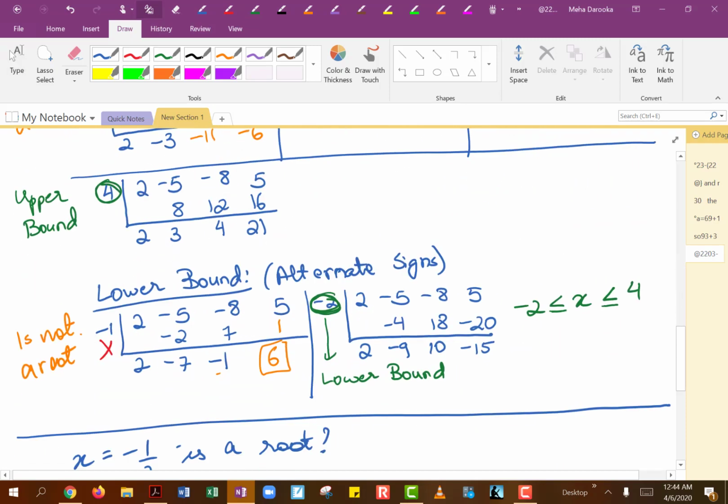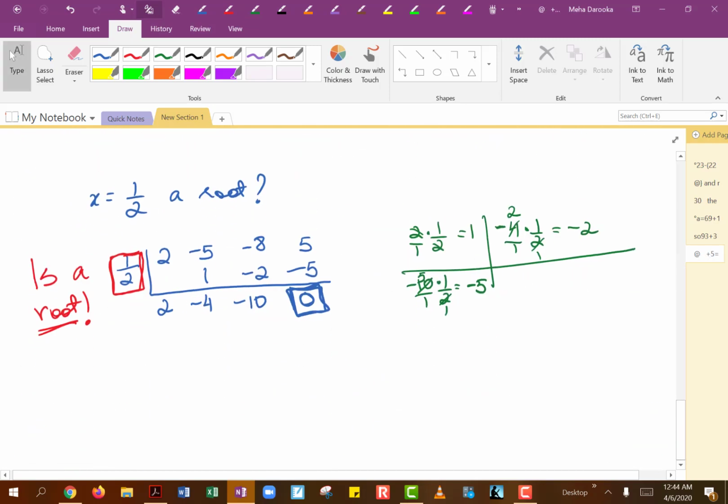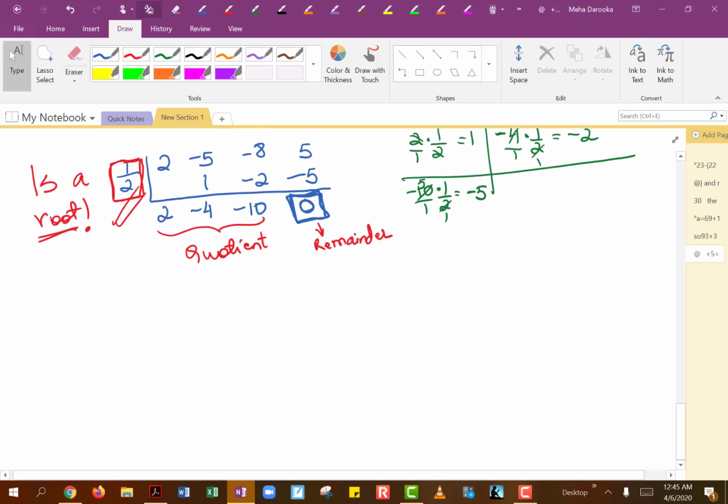But those answers are actually coming from this part here, from our quotient, because this was your remainder. So now you're going to take that quotient and solve that to find those other roots that you have. So this works out. That's good to know. And now let's use our quotient.